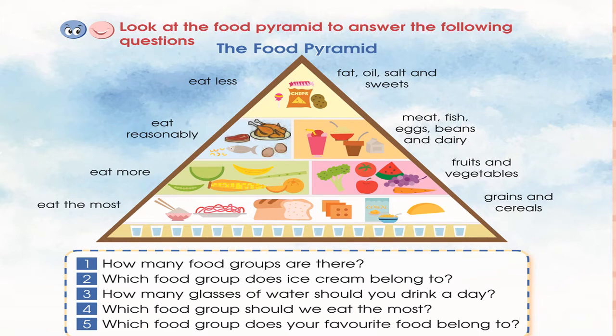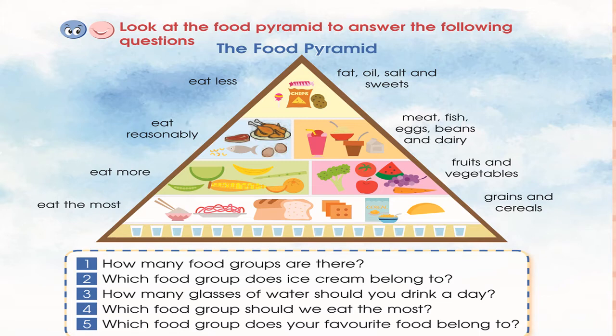Here, look at the food pyramid to answer the following questions. The food pyramid. We have a pyramid right here, and there are many kinds of food inside this pyramid. For example, we have the food fat, oil, salt, and sweets.